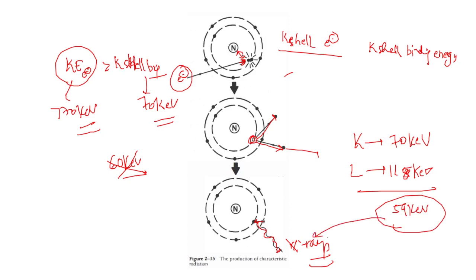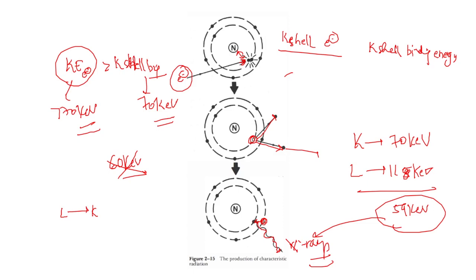Based on the shell from which the electron moves into the K shell, we have different types of characteristic radiation. If an electron from the L shell moves to the K shell, a vacancy is created in the L shell and the K shell is occupied.